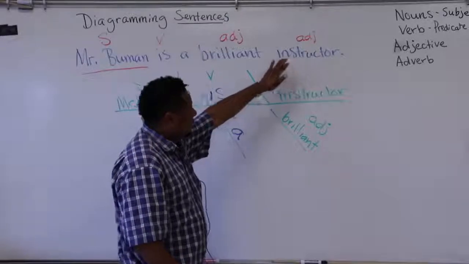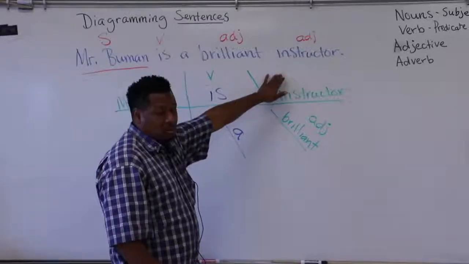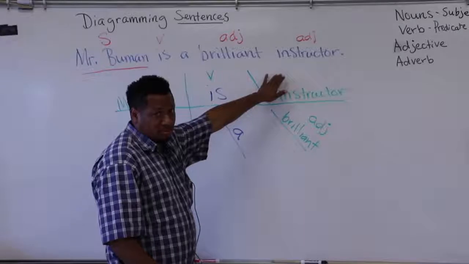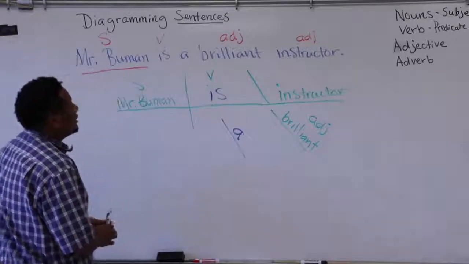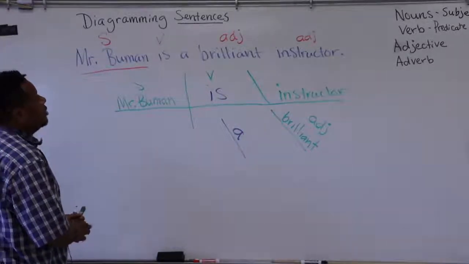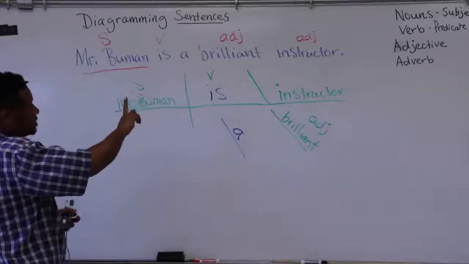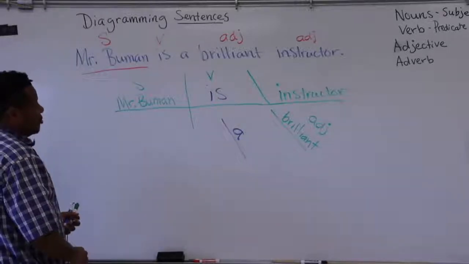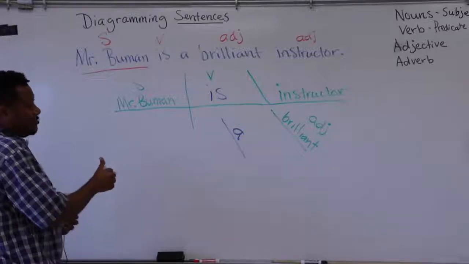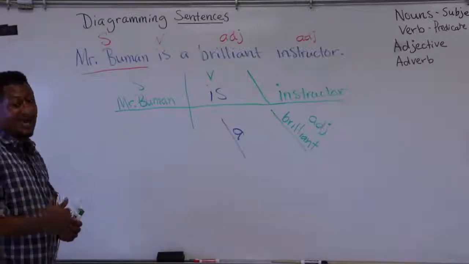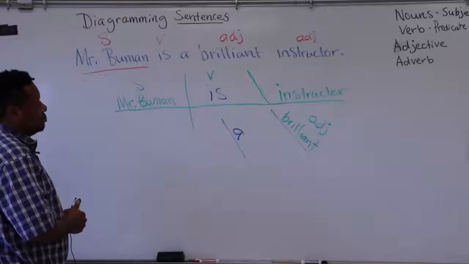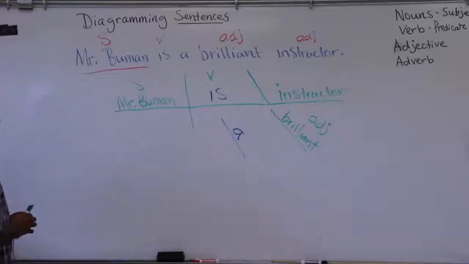Instructor is the predicate adjective. So predicates are used with verbs interchangeably. Verbs can be a state of being or they can be an action. Okay? So this will conclude the third part of diagramming sentences.